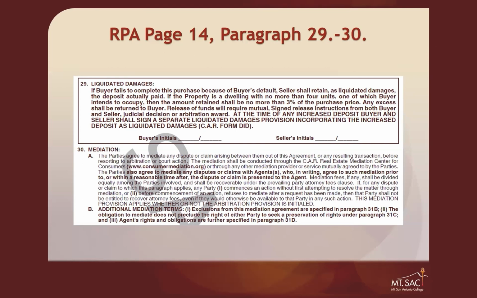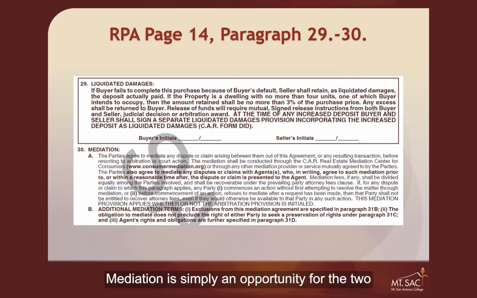All right. Going down to mediation. Mediation is simply an opportunity for the two parties to sit down and try to settle. Now, the agent is not a party to mediation, although they can voluntarily go in if they want to, but they are not a party. Anybody can serve as the mediator because the mediator cannot make a binding decision.